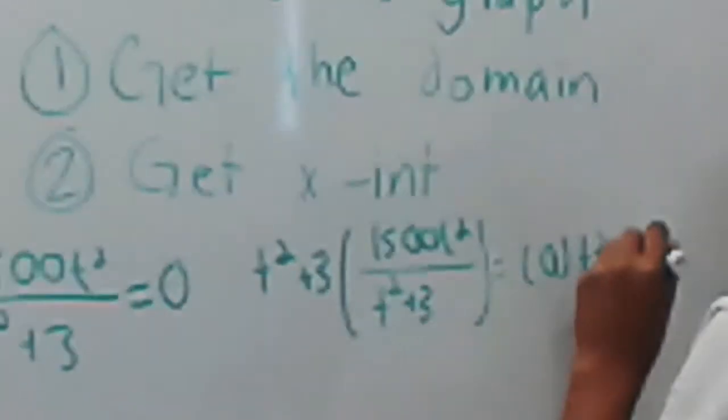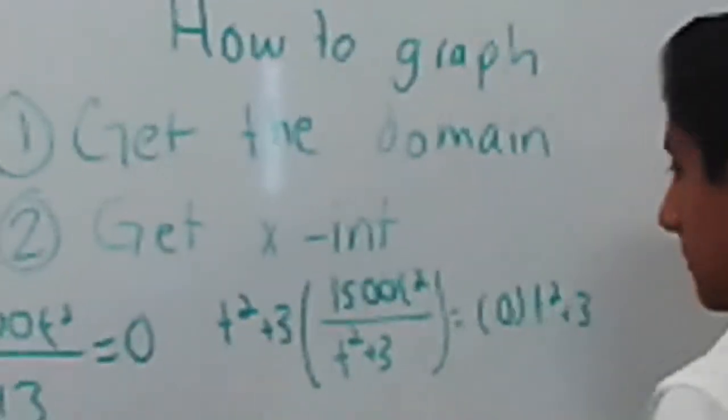They got the x-intercept by making the function equal to 0.